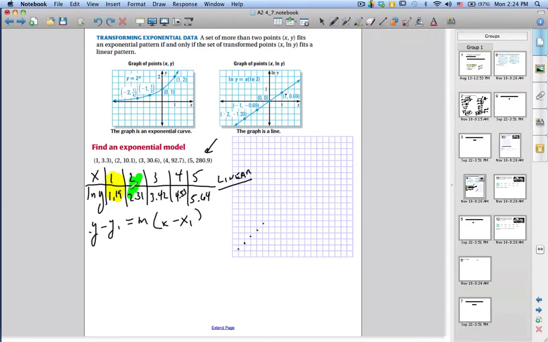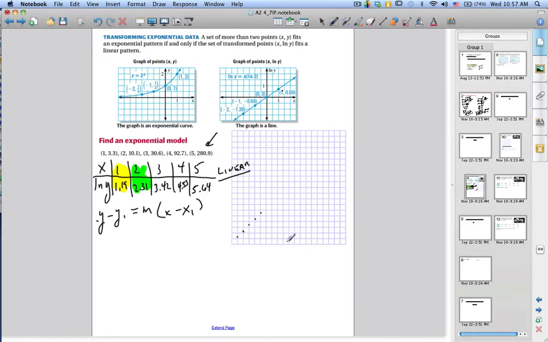So my slope will be equal to 2.31 minus 1.19, all divided by 2 minus 1. So 2.31 minus 1.19 is 1.12, over 1, which is 1.12. So that's my slope, 1.12.